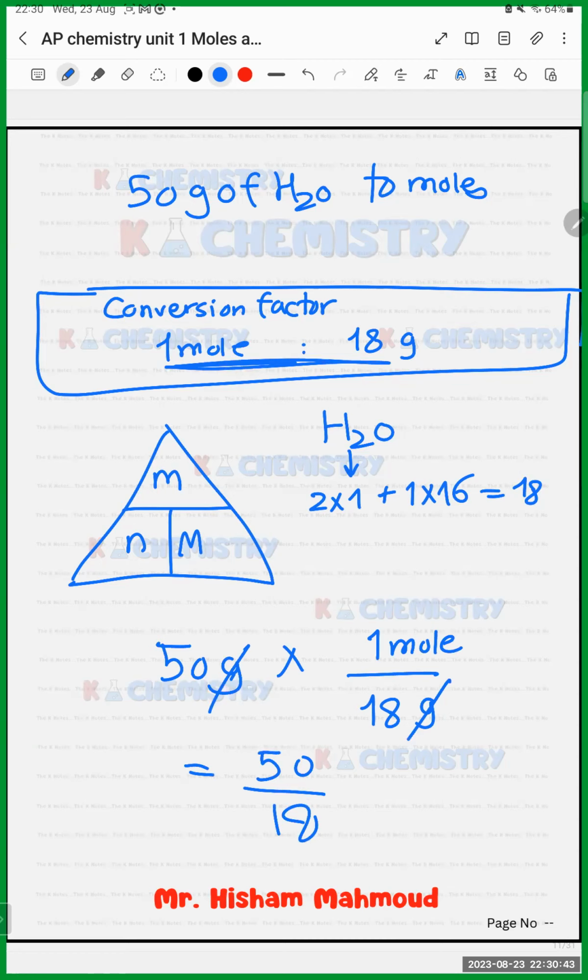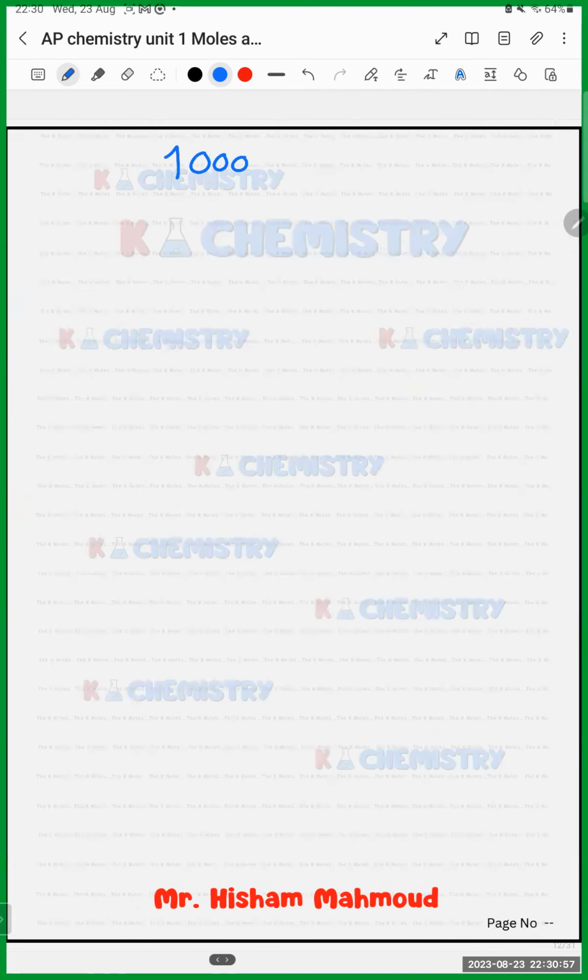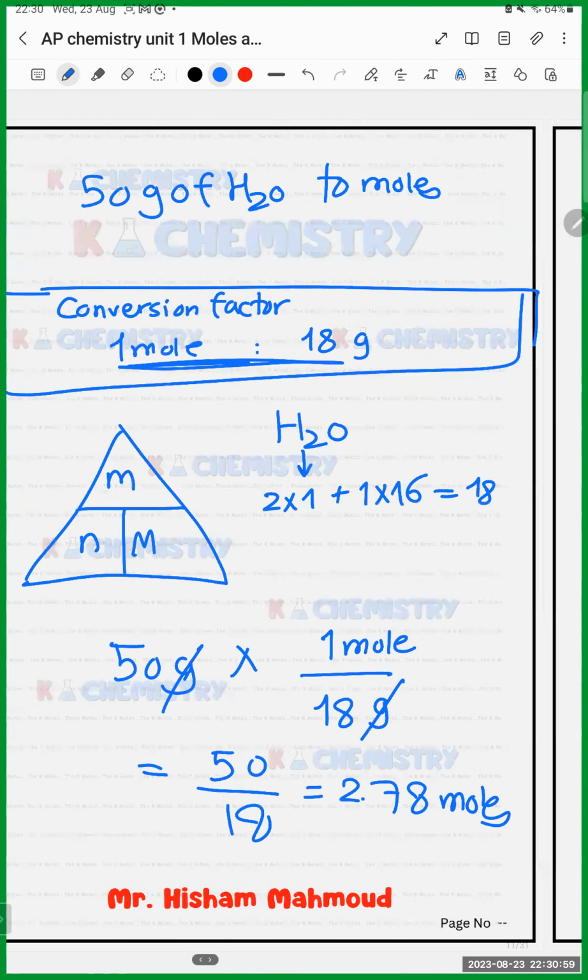If we divide 50 by 18 on the calculator, we'll get 2.78 moles of water.